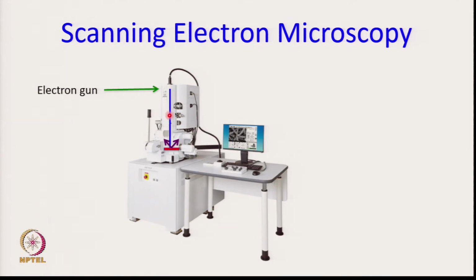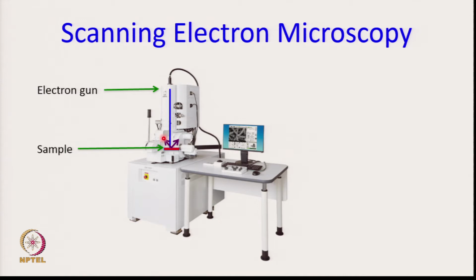What is shown here in the blue color is the electron beam. The electron gun emits the electron beam, and it falls on a sample, shown in red, where the interaction happens. As the beam impinges on the sample, certain things happen.